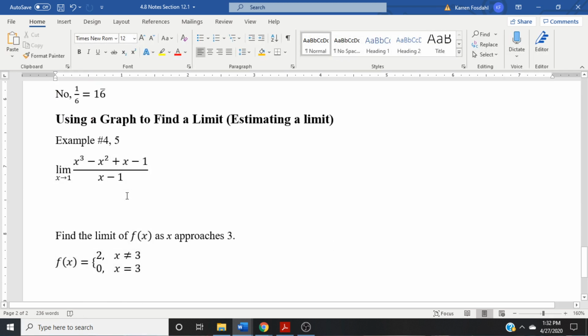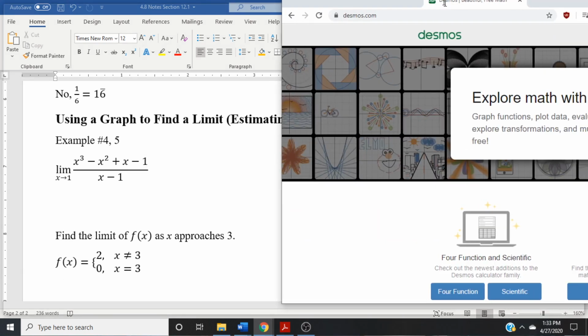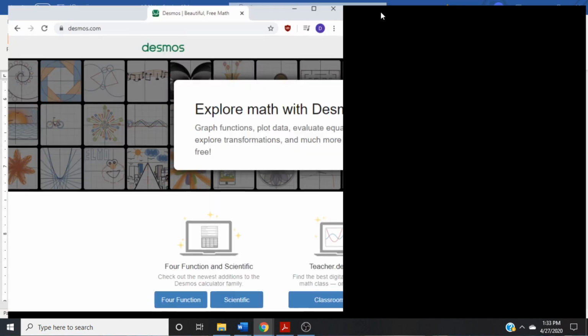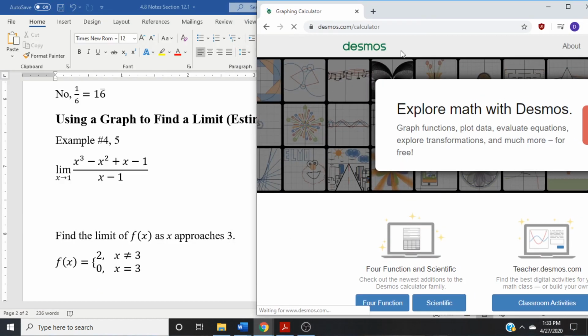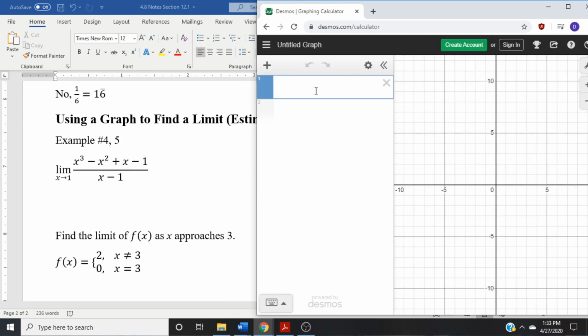Okay. Now, doing this with graphs, so I'm going to pull up my decimals. So start graphing. And you can do this limit by just graphing the function y equals x cubed minus x squared plus x minus 1, divided by x minus 1.